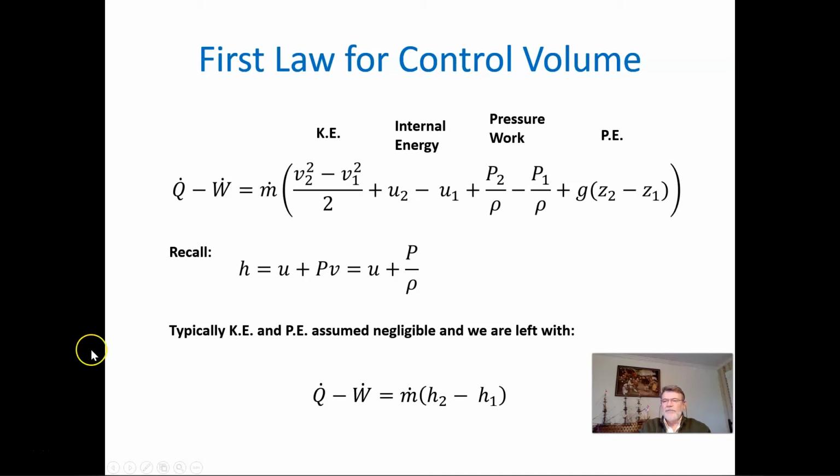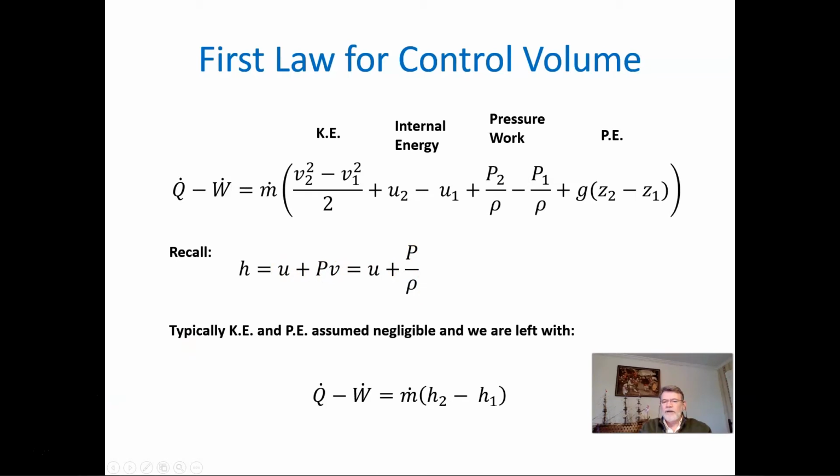So if we were to simplify this a little bit, we can see that this is basically the same thing as our pressure divided by rho, right?